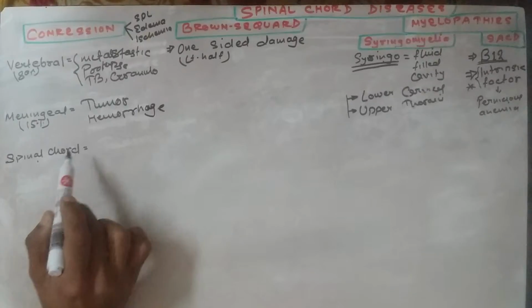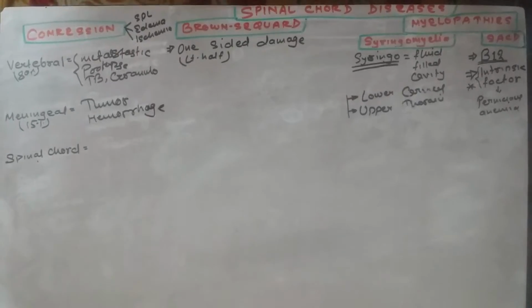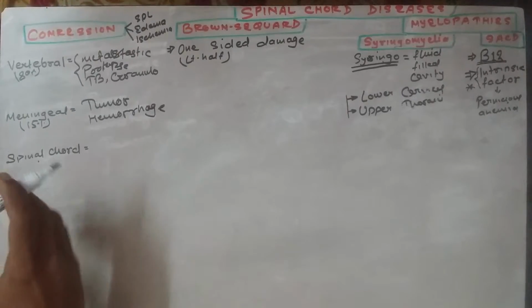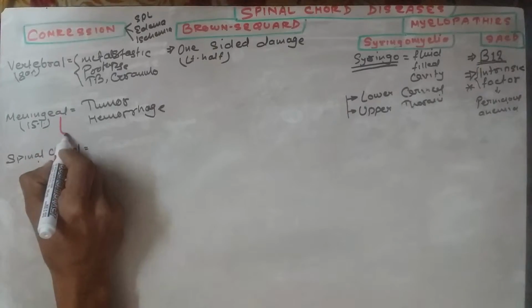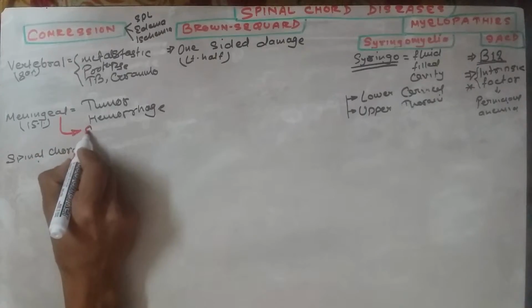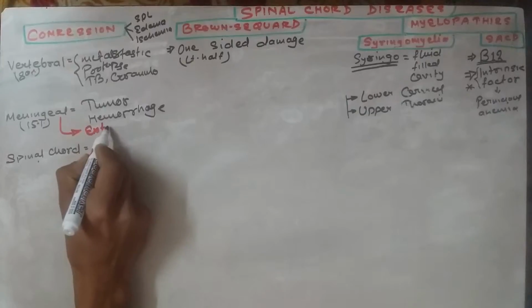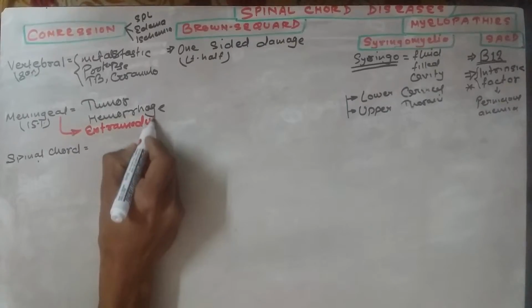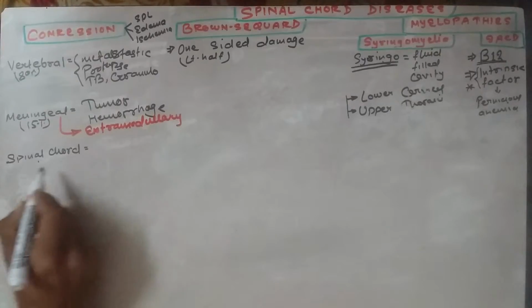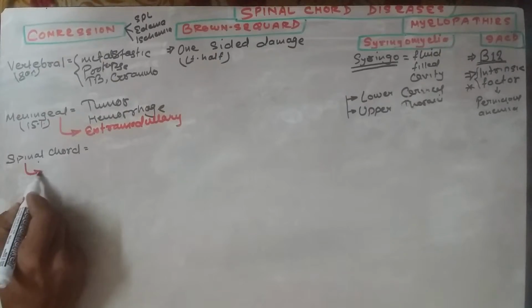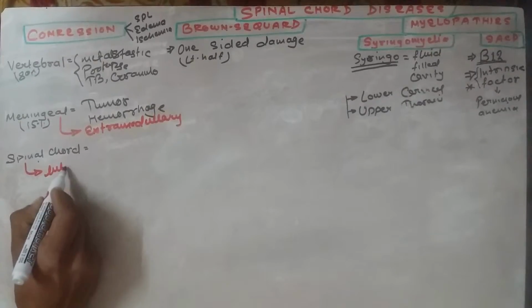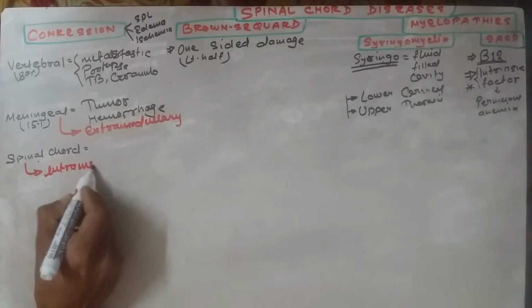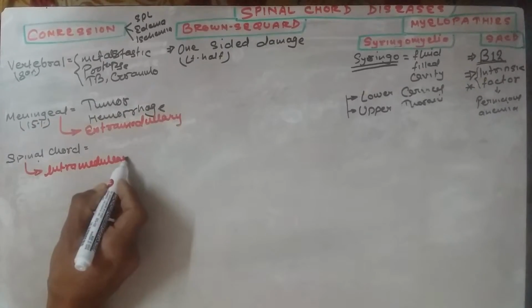We should also remember that the meningeal causes will cause extramedullary type of syndrome. We will see the difference between extramedullary and intramedullary, because spinal cord abnormality will cause intramedullary type of symptoms.